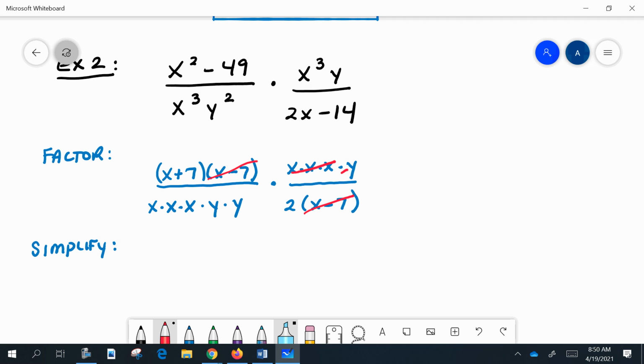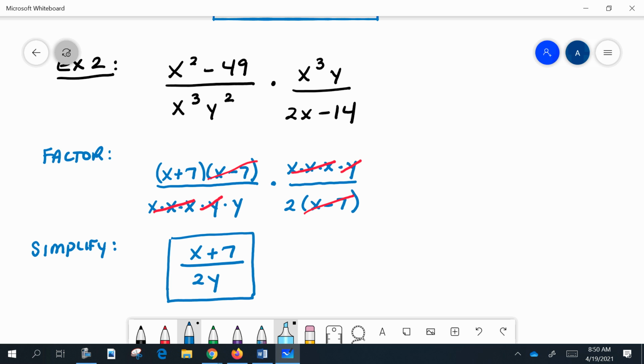So these simplified, and then finally, 1 y up here divides with 1 y in the denominator. So everything now has been simplified. Now let's multiply this, and the numerator is going to have an x plus 7, and in the denominator I see that the two factors are 2y. So this is the product of the two fractions simplified.